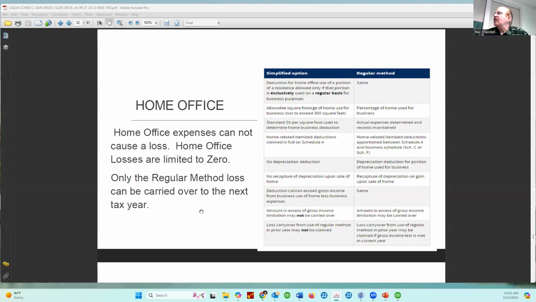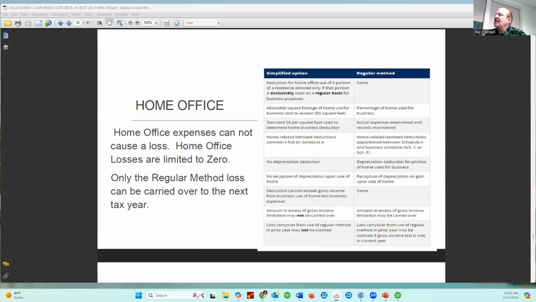If you use the regular method, which we'll cover in a minute, you write out all your home office costs, and then we break it down to the business use percentage. And if you have a loss on the business from the regular method, then you can carry the loss to next year and use it against income next year. So that's an advantage of the more detailed regular method.